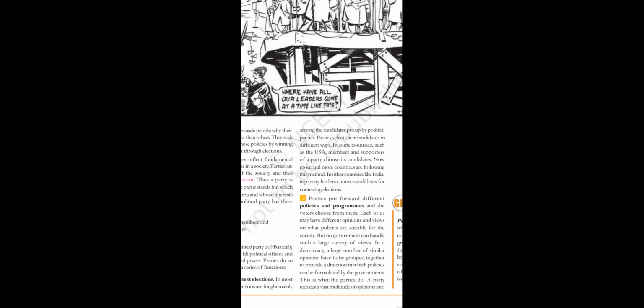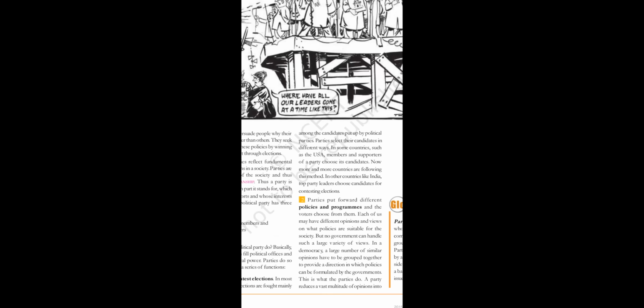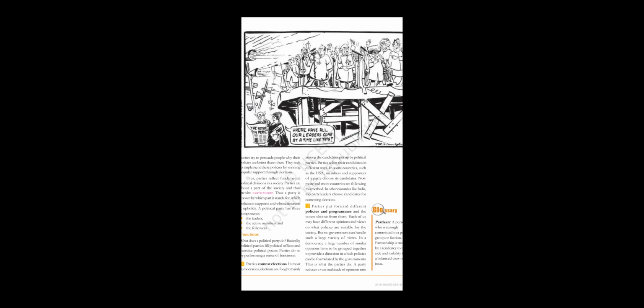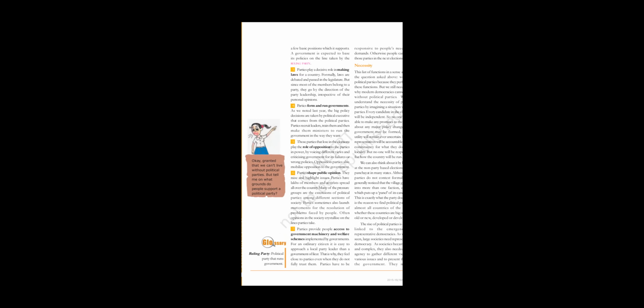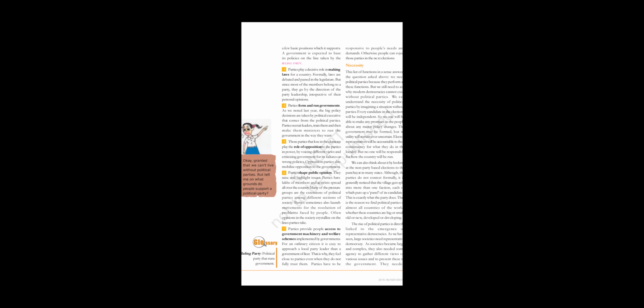But there can be n number of opinions and views regarding what can be good for a society. So different policies and programs are put forward by political parties. A party reduces a number of opinions into a few basic positions which it supports, and if it wins the election, then the policies of the government are based on that election manifesto.